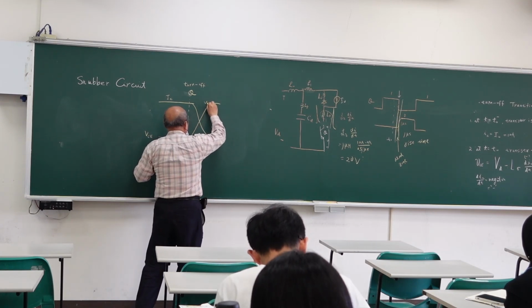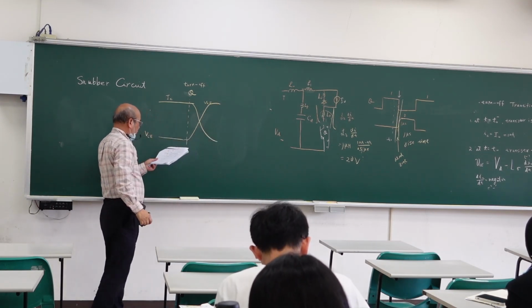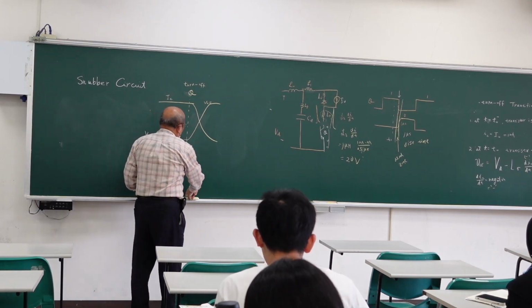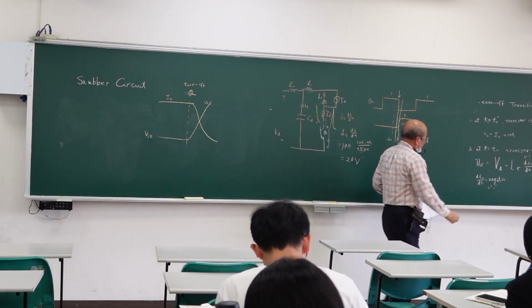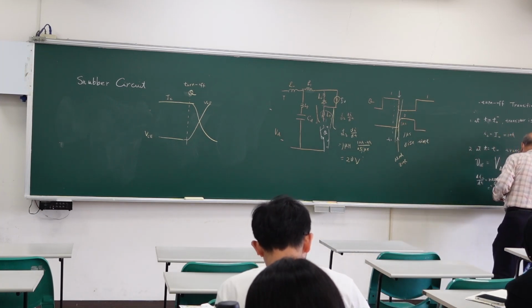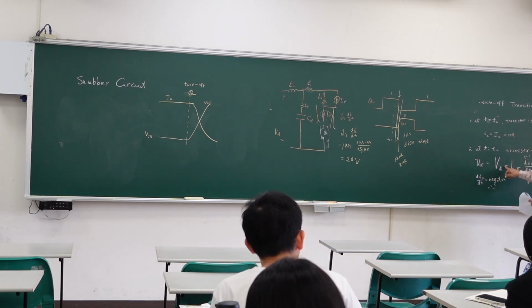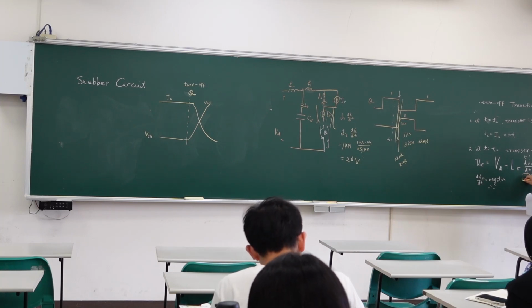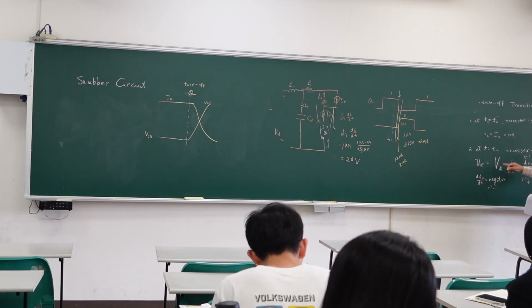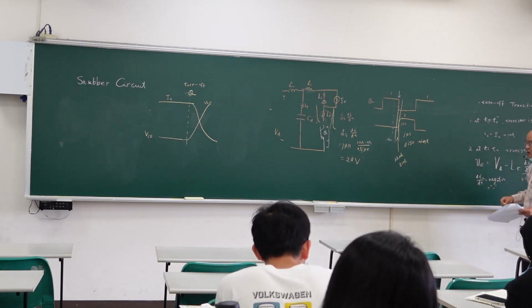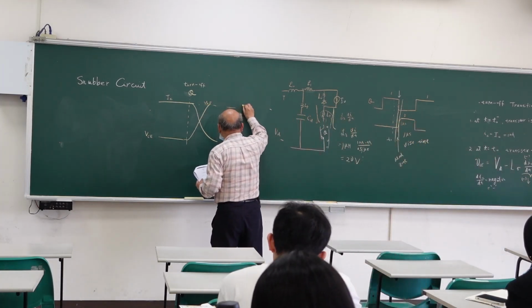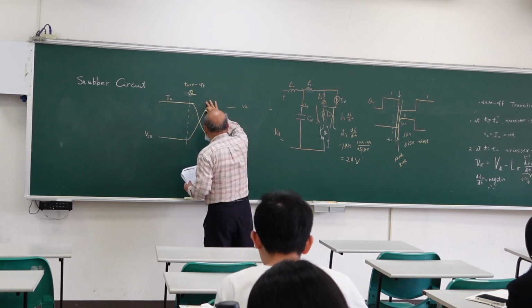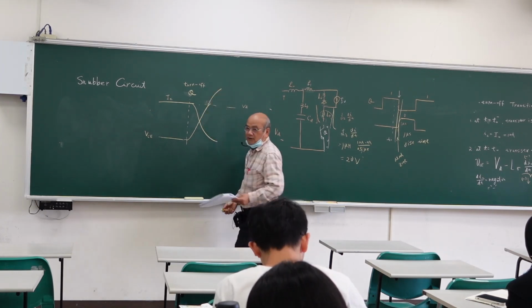And this is VCE, you want to reach VCE. However, this is negative, this is negative, this is positive. So the VCE is larger than VD. This is VD. It is over VD.